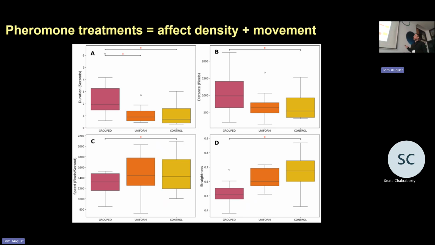So the moths in the group treatment in this color were flying for a longer duration, over a longer distance, but they were flying at lower speed and also less straight compared to the 2 other treatments. Actually, it was only significant mostly compared to the control with no pheromones.